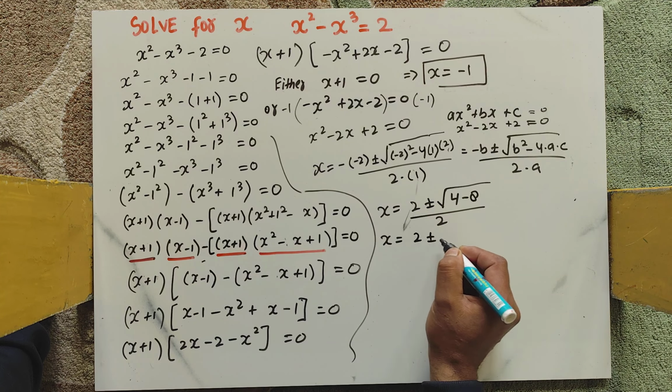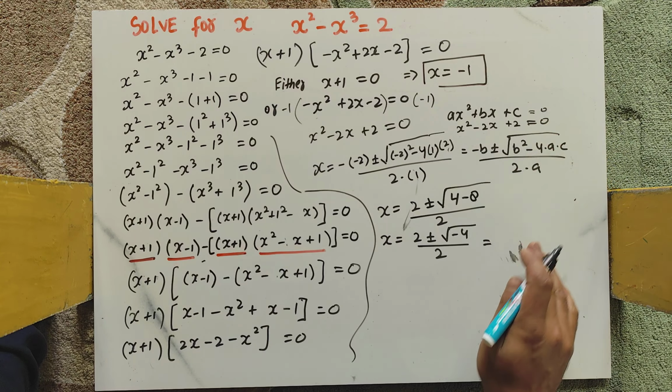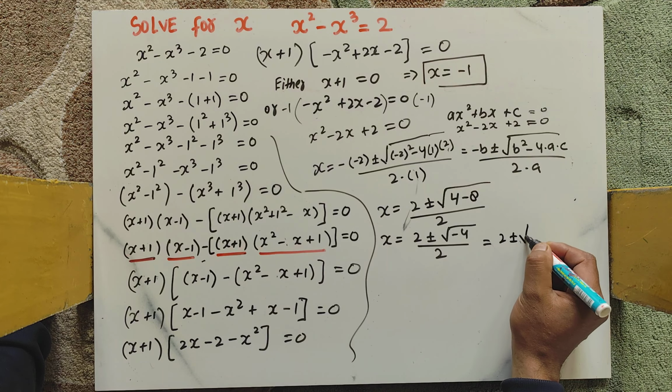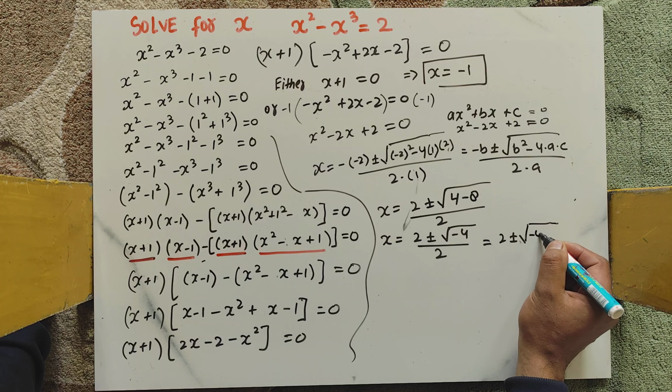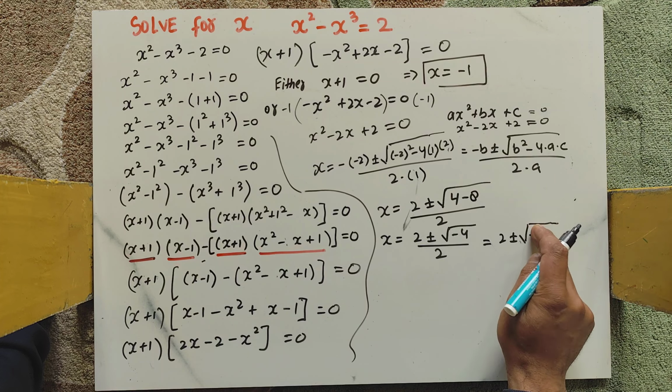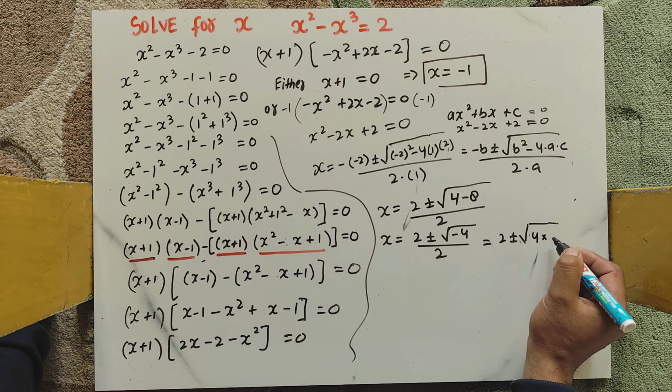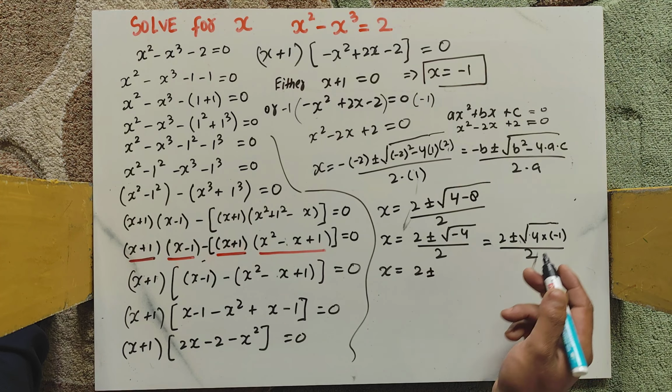So x is equal to 2 plus minus square root of negative 4, divided by 2. Negative 4 can be written as 4 into negative 1, divided by 2. So let us simplify it.